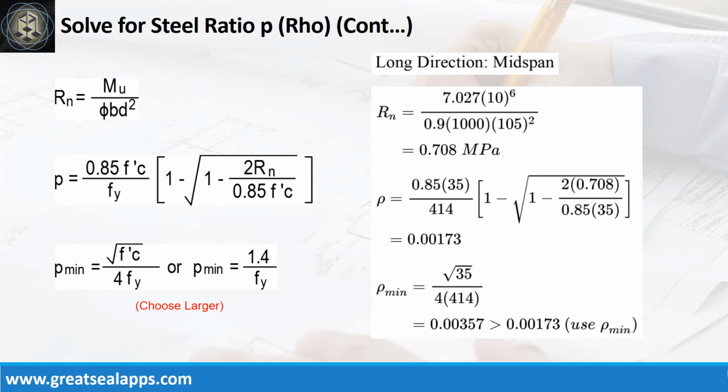105 mm. The beam design ratio Rn equals 0.708 MPa, and reinforcement ratio Rho equals 0.00173. Use Rho minimum of 0.00357.